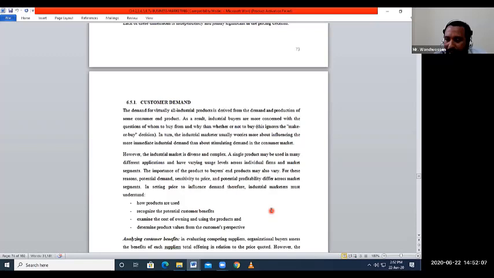Or when we set a price, we have to consider what's the cost of the product. The cost in terms of the negative consequence of the product. Sometimes when you purchase a certain product, there might be some benefit and there might be some negative consequence.